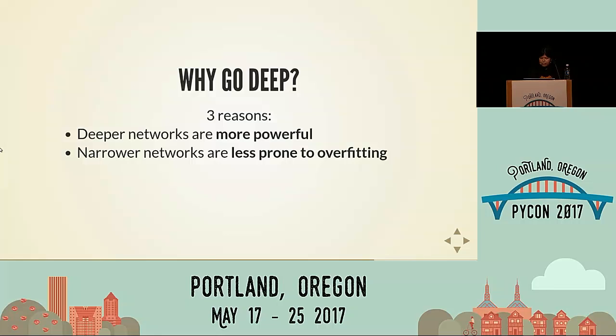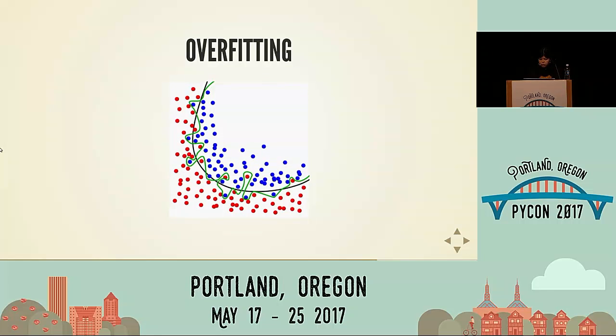The second point is really a bit more about narrow layers, but deep and narrow sort of go together. So narrow networks are less prone to overfitting. And when I say overfitting, I mean something like this green boundary over here, which is so determined to get each and every point in the training data right that it sacrifices generalizability.